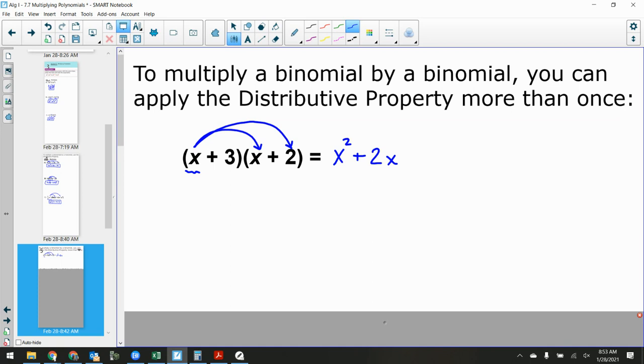And now we're going to take the 3 and bring it in. I don't want to confuse you with so many arrows on the top, so I'm just going to put them on the bottom. I'm going to distribute into here, and then into there. 3 times x is 3x, a positive 3x. 3 times 2 is 6.